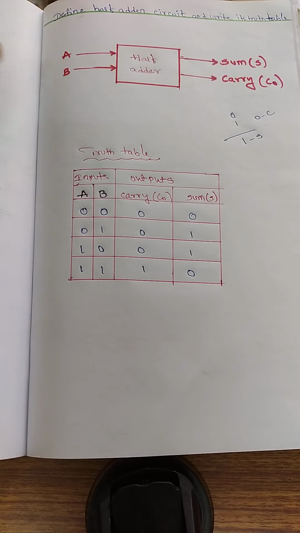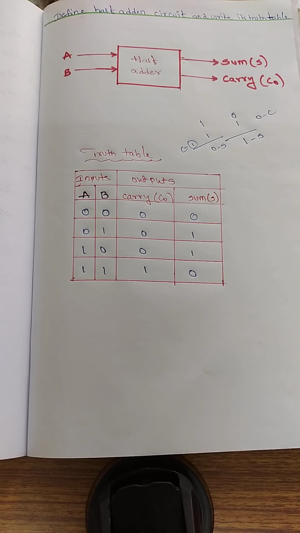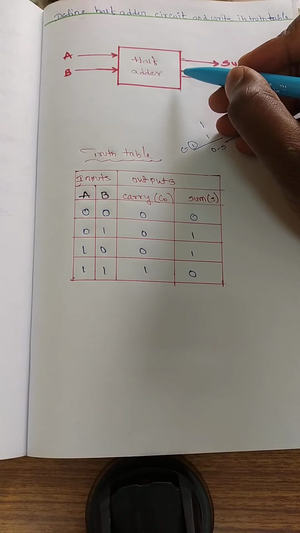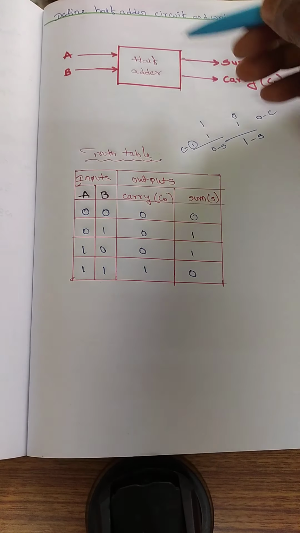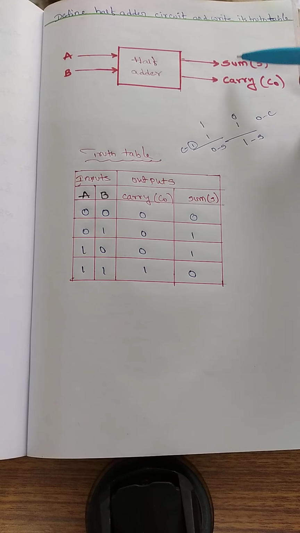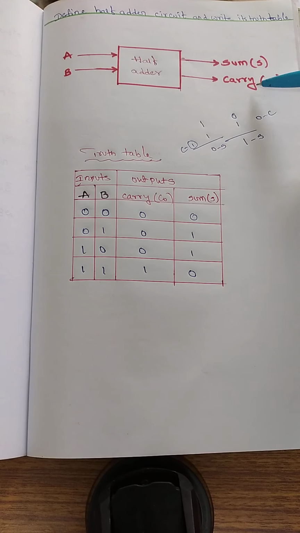In this way, by using half adder we can add only 2 bits at a time. This is the half adder logic symbol, and it consists of 2 inputs and 2 outputs, one is sum and another is carry.